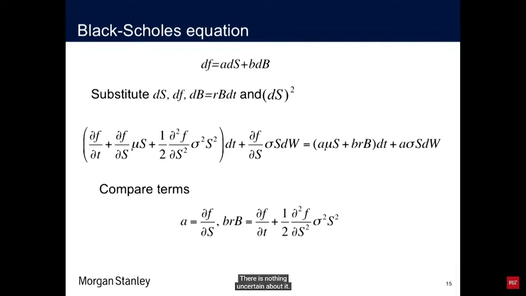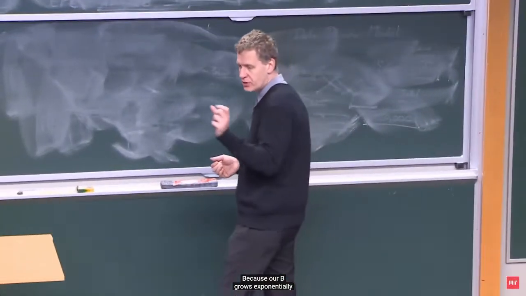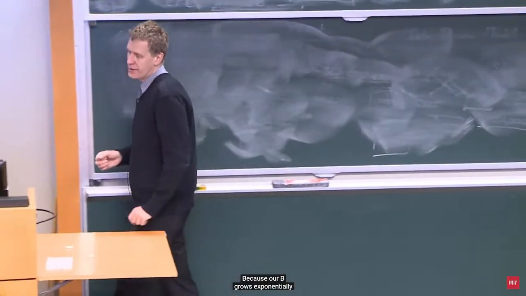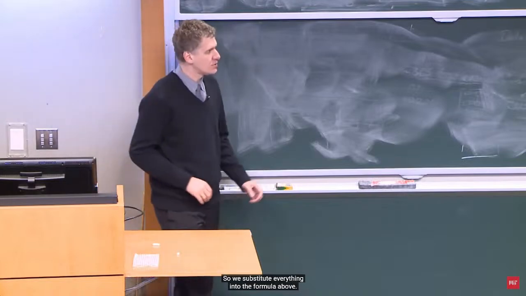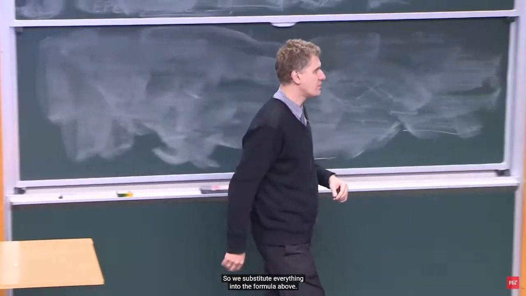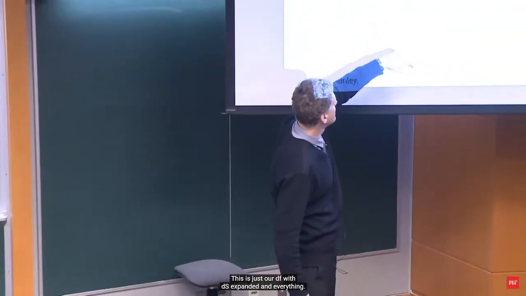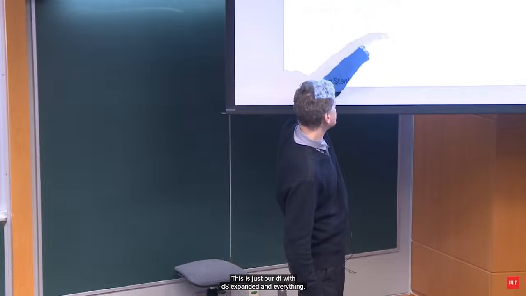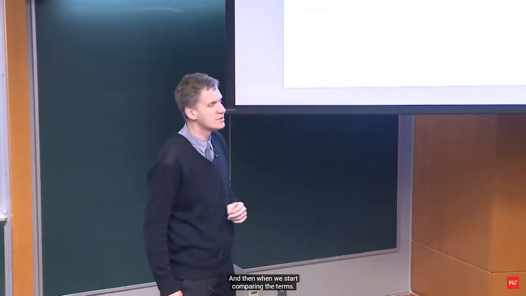There is nothing uncertain about it, so db is actually rb dt, right? Because our b grows exponentially with interest rate r. So we substitute everything into the formula above. This is just our df with ds expanded and everything, and then we start comparing the terms.